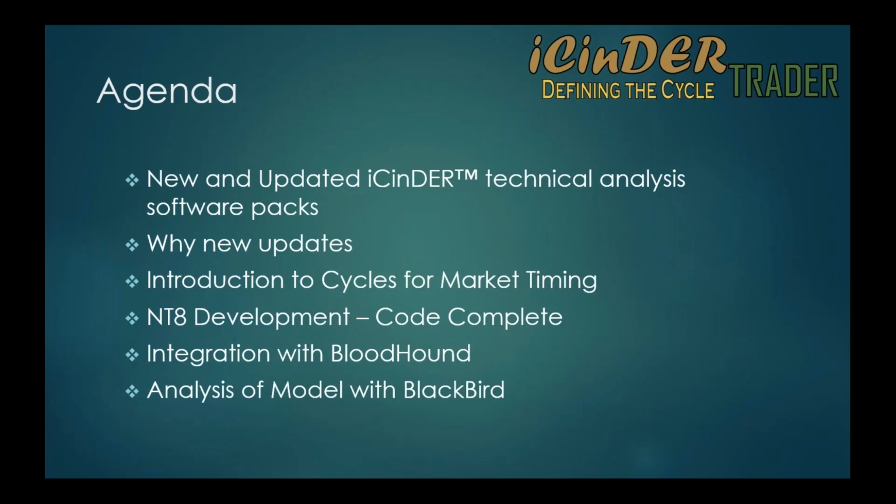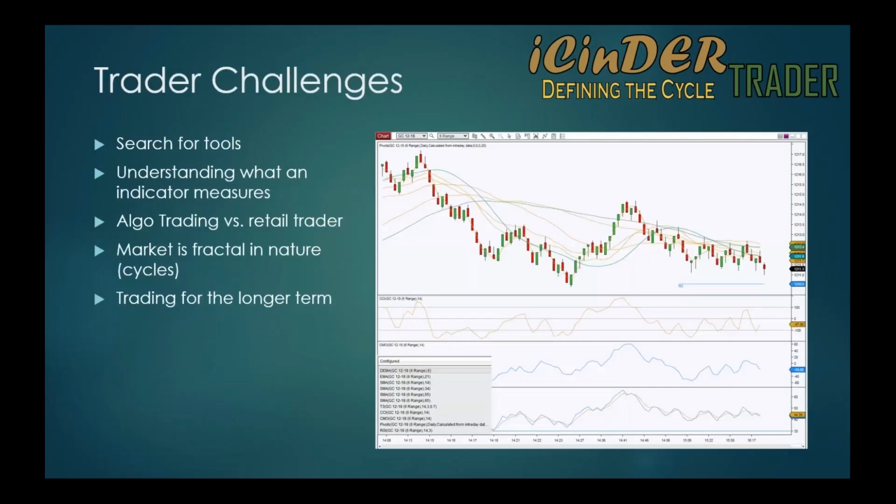So let's jump to a little bit of a recap. Trader challenges. We search for tools, we search for items such as different types of indicators. In search for tools, here's the little caveat that I like to give everyone. Whenever you see a presentation, and in this slide you actually see that range bars are what's used.